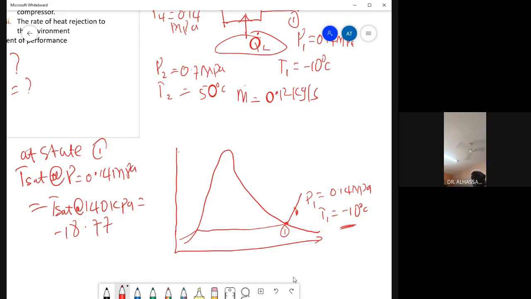But the temperature given to us is minus 10 degrees Celsius.